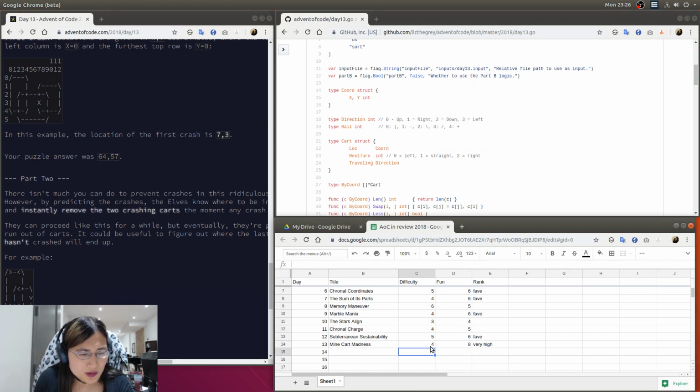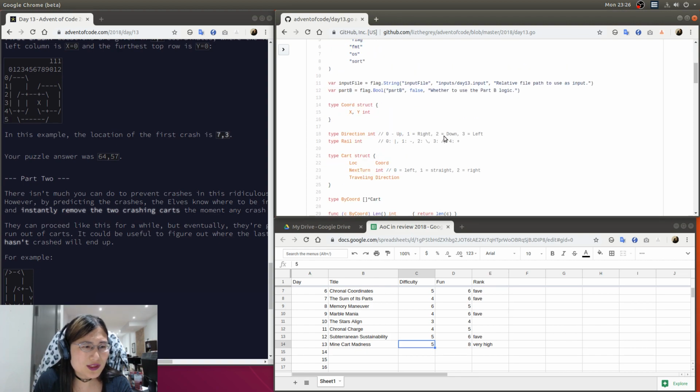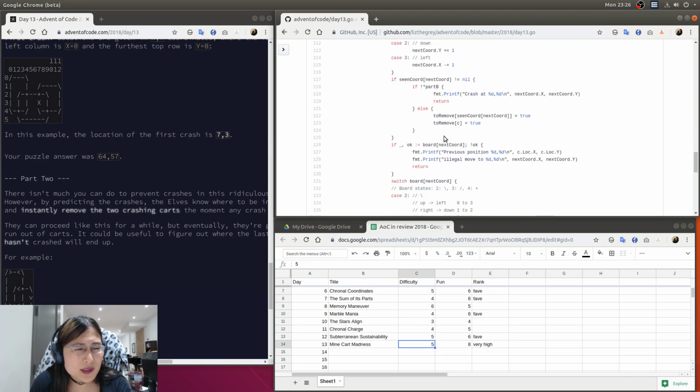So, yeah, I actually think it was moderately difficult in that you had to keep a lot of different stuff in your head. Like, you had to parse the board into a set of rails, you had to keep track of the carts, and which direction they most recently turned, and which direction they were about to turn. And so on and so forth.